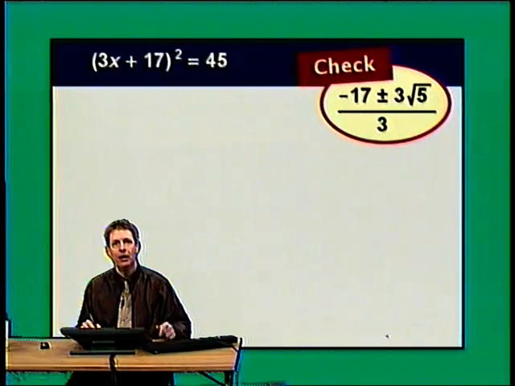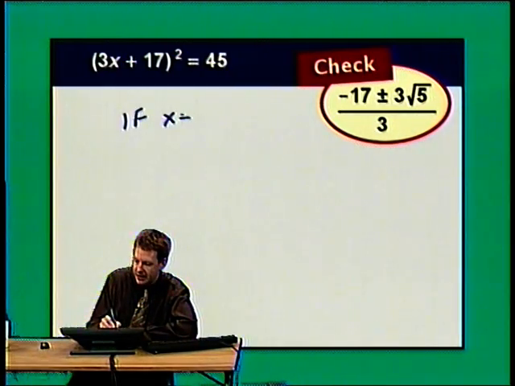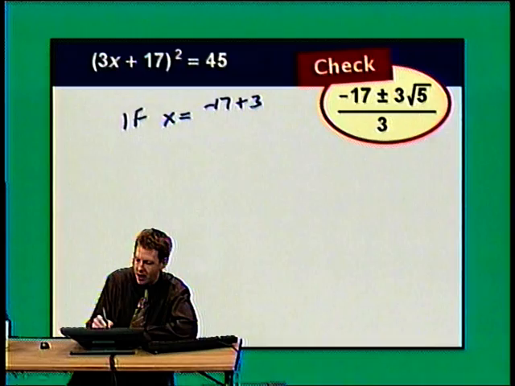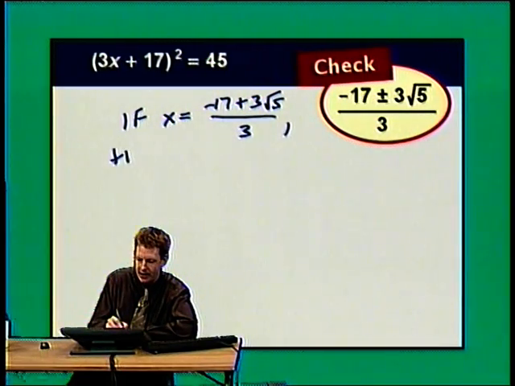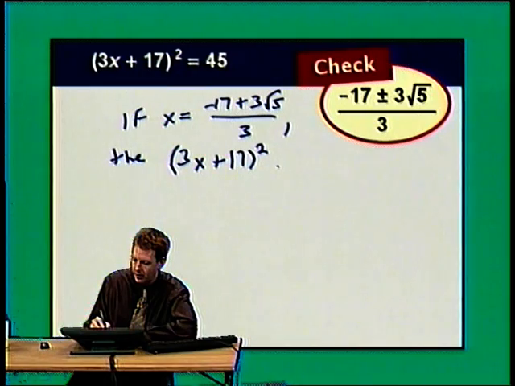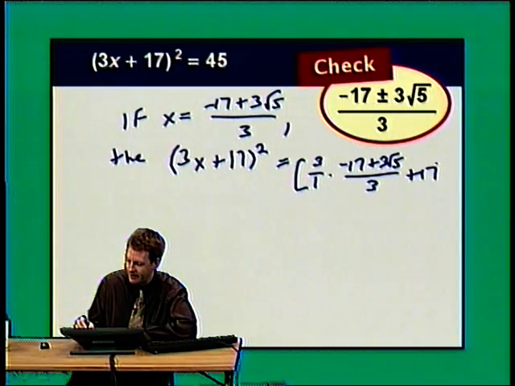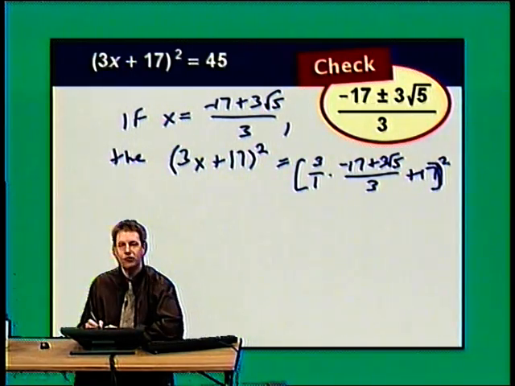So let's check. I'm going to check one and leave the other check for you. If x equals negative 17 plus 3 square roots of 5, all divided by 3, then our variable expression, quantity 3x plus 17 squared, becomes 3 times negative 17 plus 3 square root of 5 all over 3, plus 17, quantity squared.